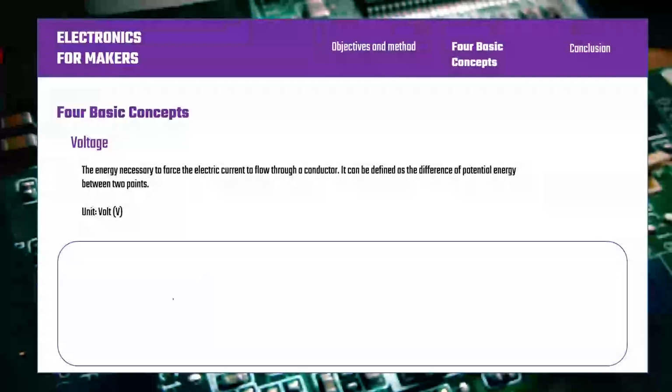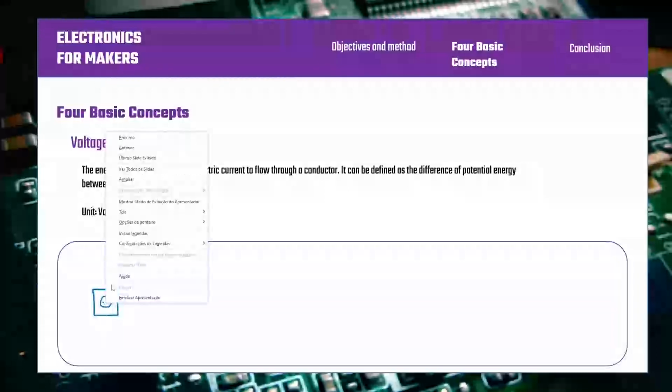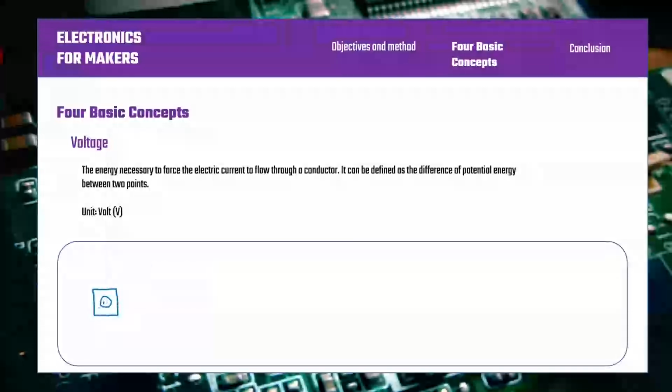So if you live in the US, for instance, there is an outlet here, and it can be like 110 to 240 volts. A simple battery, I'll try to draw a little better.